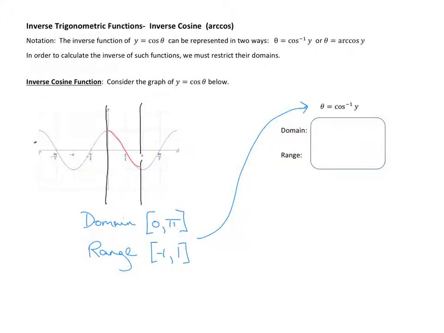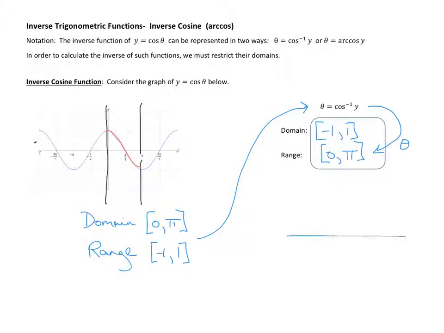That means our domain of inverse cosine would be -1 to 1, and our range would be 0 to pi. So remember, inverse cosine will produce an angle, and our angles will be somewhere between 0 and pi.